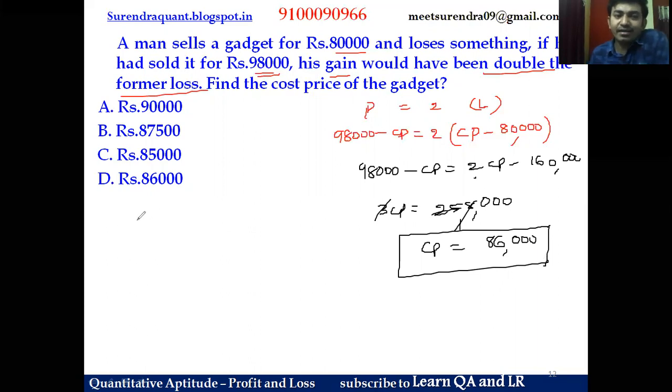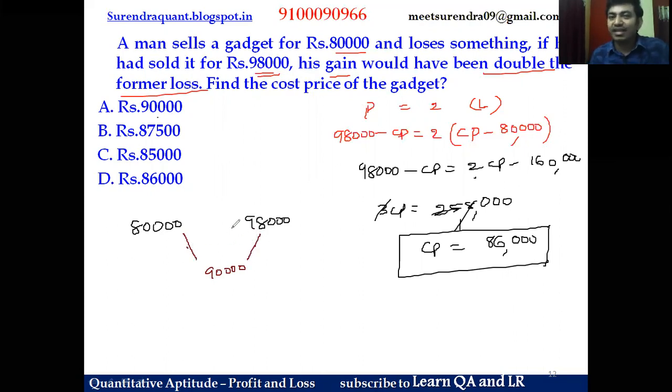If you want a basic understanding, the simplest method: 80,000 is the initial selling price, 98,000 is the other selling price. If I consider a smart way of checking, guys, if I consider 90,000, loss is 10,000, gain is 8,000. Is gain 2 times the loss?